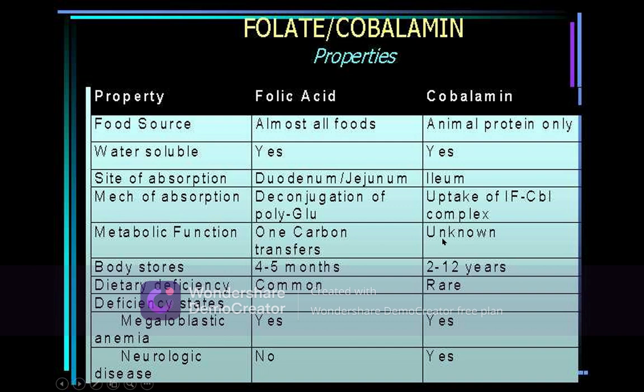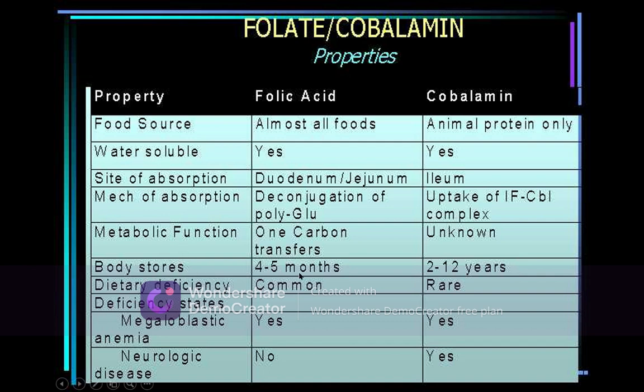It is needed by every cell which is turned over on a daily basis, like hair and other tissues like gastric mucosa and others. The exact mechanism of action is not known, although we know that it is needed for DNA synthesis. Main thing is DNA synthesis.